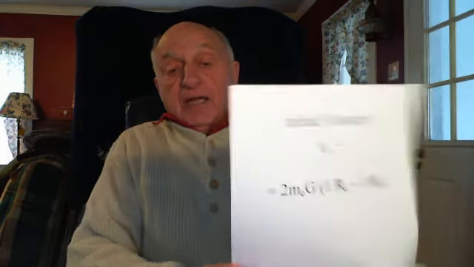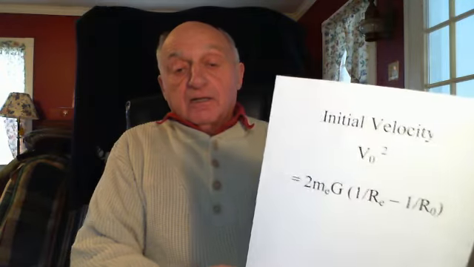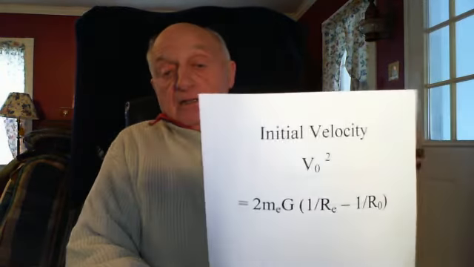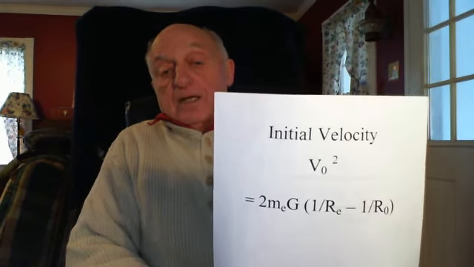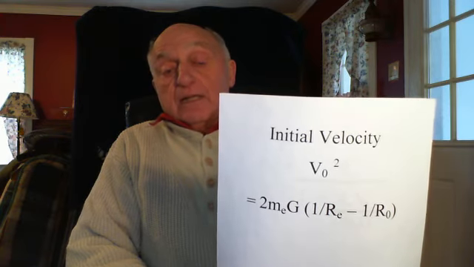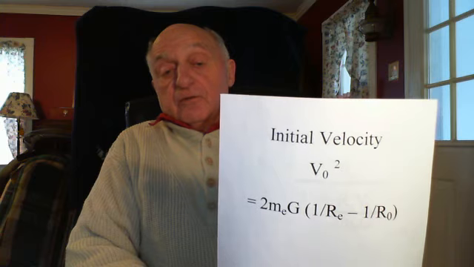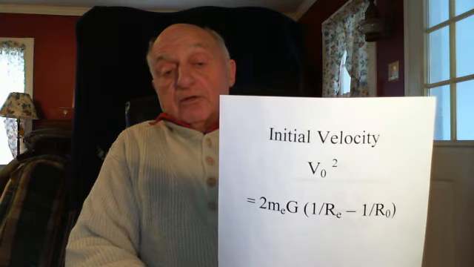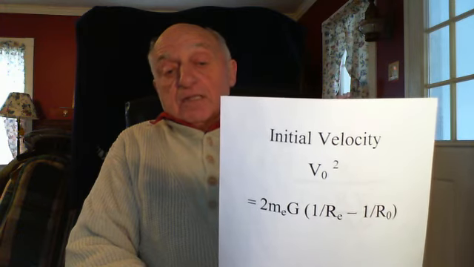And here we have, if the Moon left the Earth with a velocity which determines the kinetic energy of the Moon, the velocity being equal to v naught squared.